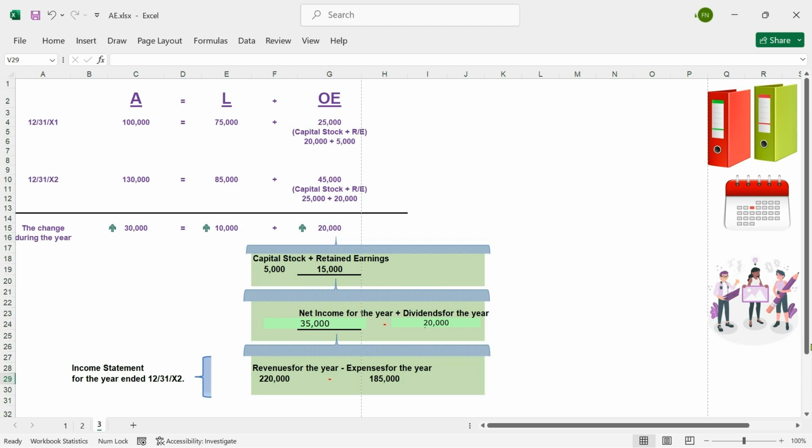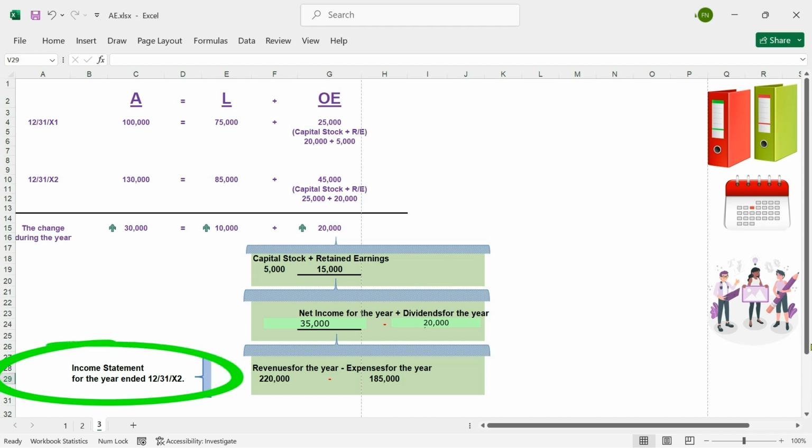You can see by looking at this diagram that the income statement, which is revenues minus expenses for a period of time, actually serves as a partial explanation of why the balance sheet changed, or at least the balance sheet associated with owner's equity.